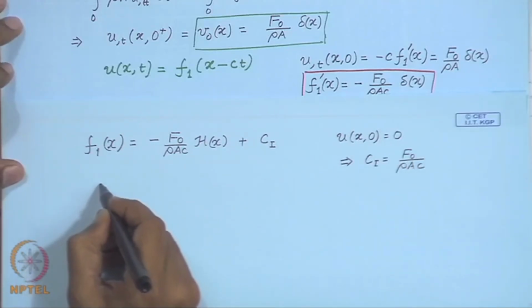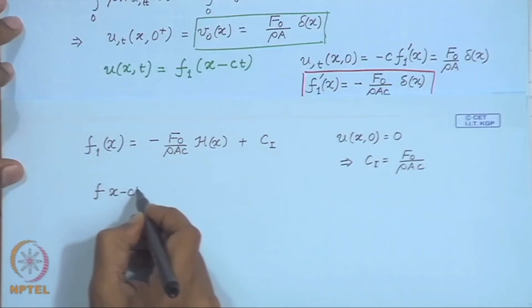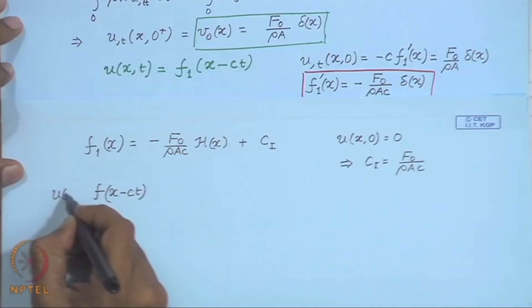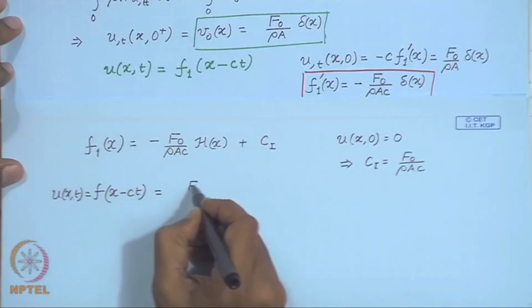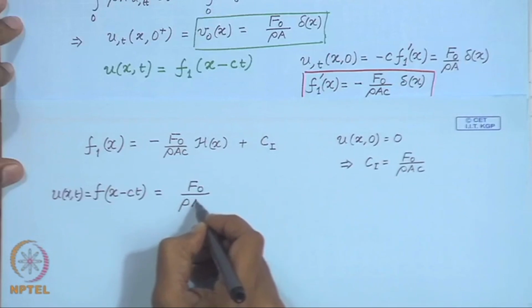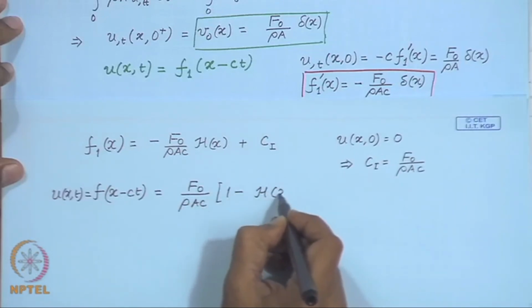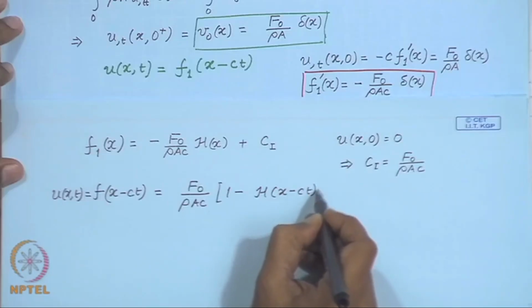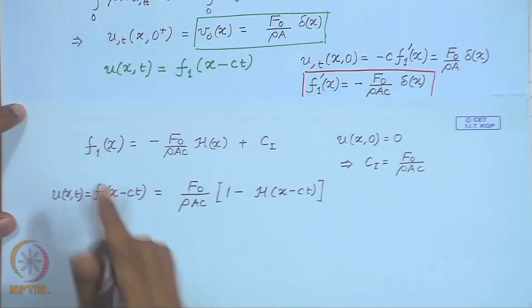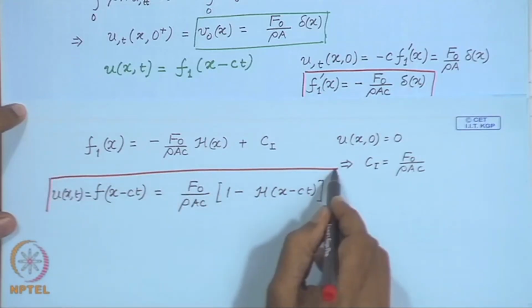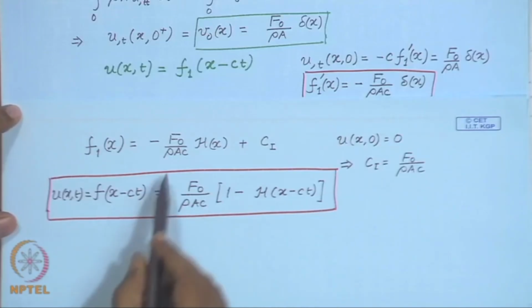Therefore, f1 of x minus ct, which is u(x,t), becomes the following.